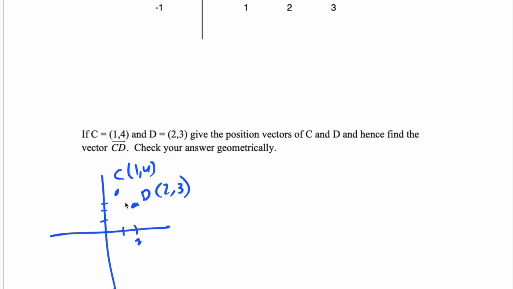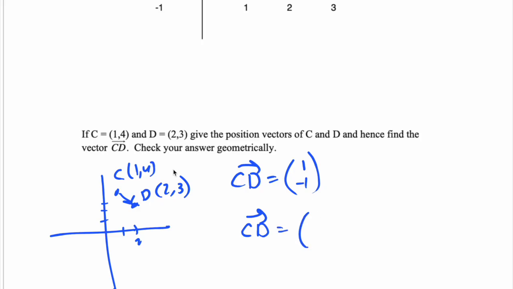Okay, so to get from C to D, CD must go right 1, down 1. Right 1, down 1 is the vector CD, logically, just by looking at the geometry of it, right? But notice you can get these numbers just by subtraction. The position vector OD is 2, 3.